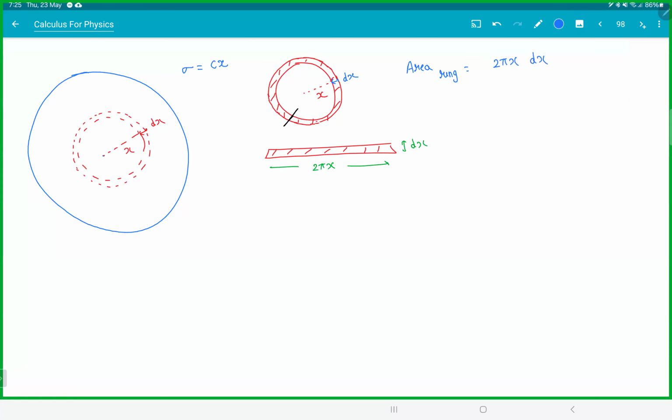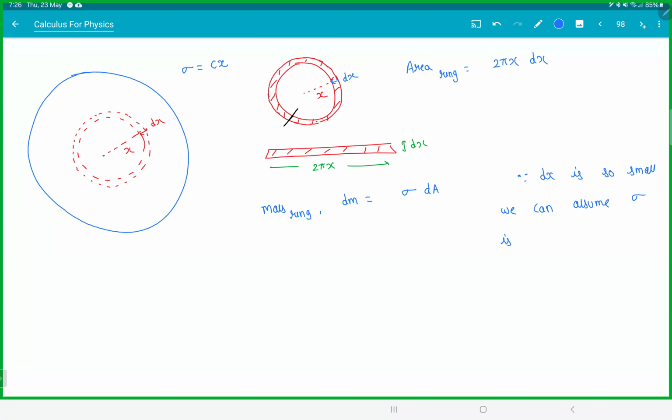All clear till here? Now, what is the mass of the ring? The mass of the ring, I'll call it dm, is nothing but sigma into area. Now, listen here. Since dx is so small, meaning the thickness is so small, we can assume sigma is almost constant.